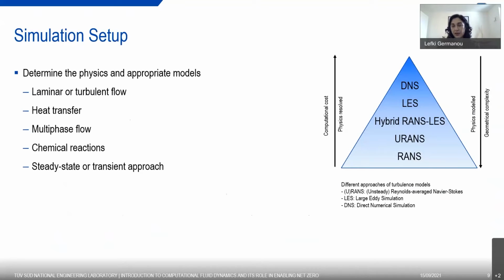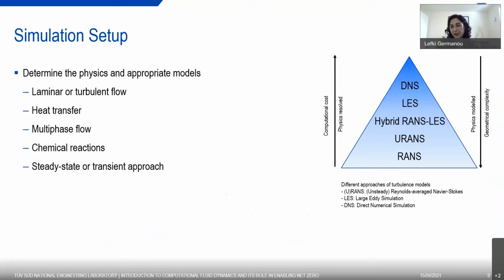On the right, you can see this triangle, which illustrates some different approaches of turbulence models. As we go towards the bottom of this triangle, we are able to use it for problems of increased geometrical complexity. And this is achieved because we model more and more physics instead of actually resolving them.